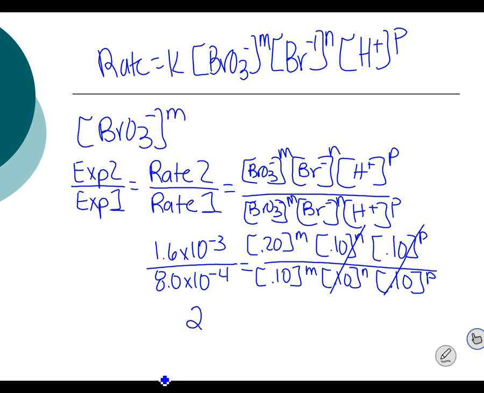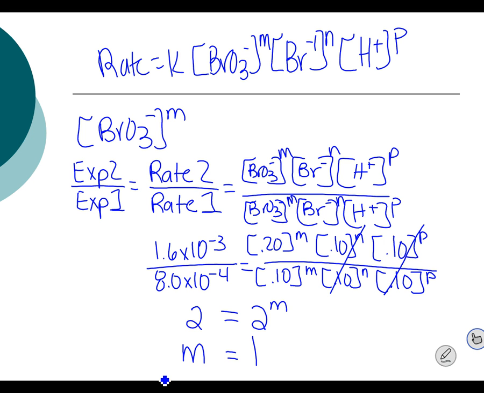And then we have 0.2 divided by 0.1. Well, when I look at this problem, I go 20 divided by 10 is 2 raised to the m. And now we got to figure out what m is. Well, 2 raised to what power will give you 2? And 2 raised to a 1 will give us 2. So 2 to the first is 2.